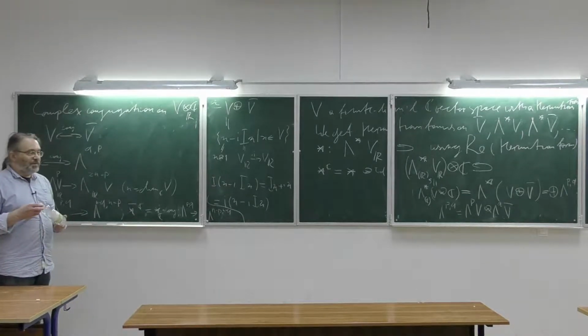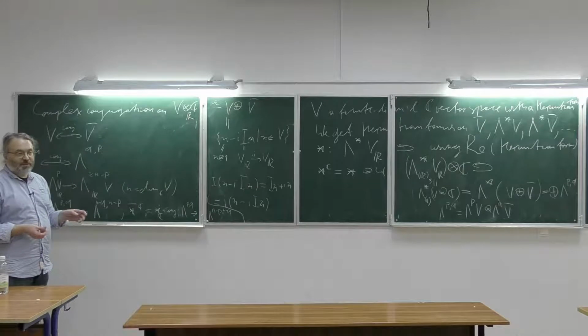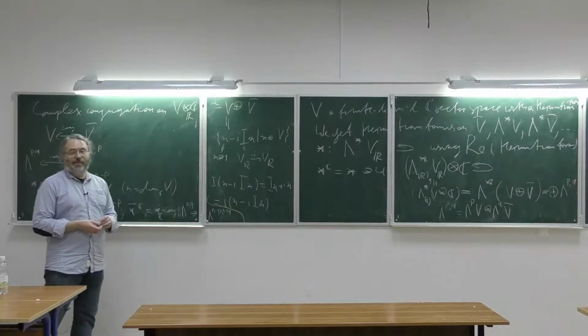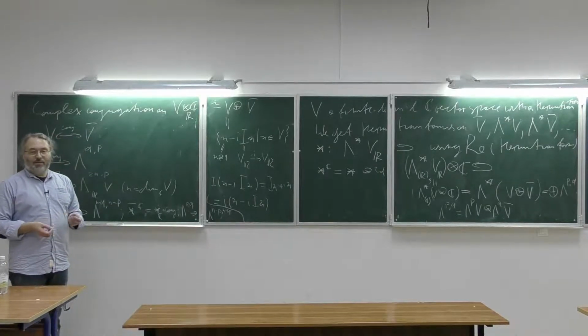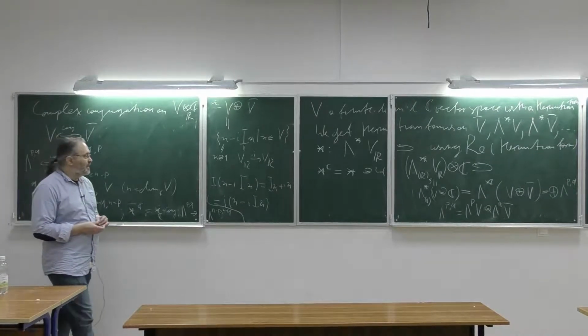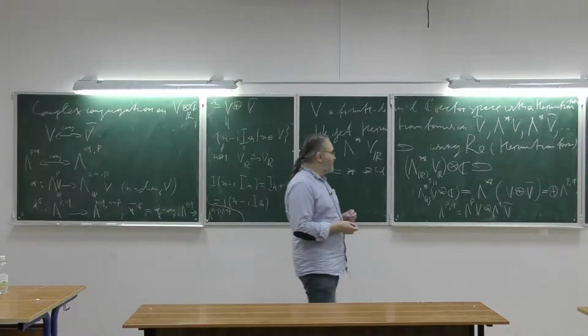Non-painful meaning without any long formulas or complicated expressions of any kind whatsoever. To use the properties of star that alpha wedge star beta is proportional to the volume form. Okay, so the volume form is in lambda n.